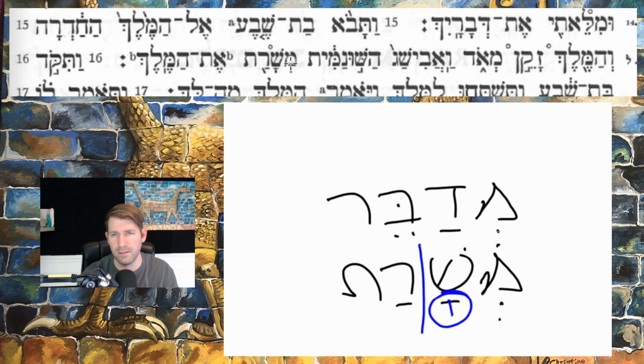It's probably mesharet, mesharat, mesharim, mesharot. But I'll have to look. But that's compensatory lengthening, which is why you have this qamets here for the resh. And Avishag, the Shunammite, was serving the king.